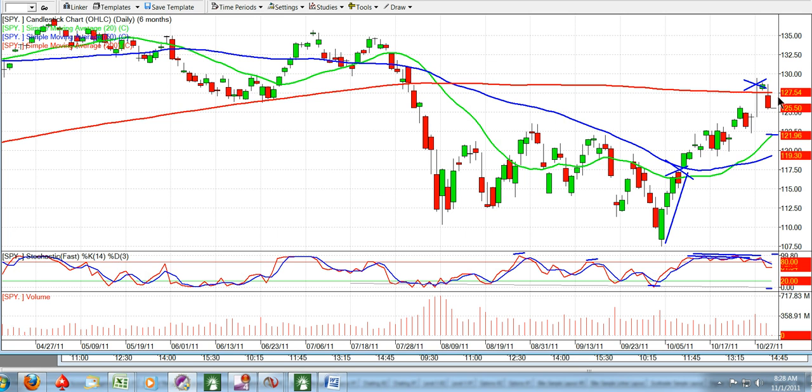Now in this particular case, once we hit the 200 period moving average, you can see the stochastics started to go down, and once you see the red line drop below the blue line, that's what they call a stochastics rollover, which means typically that the stock is then going to reverse to either the upside or downside. And you can see here we got a stochastics rollover to the upside, and here we're getting a stochastics rollover to the downside.